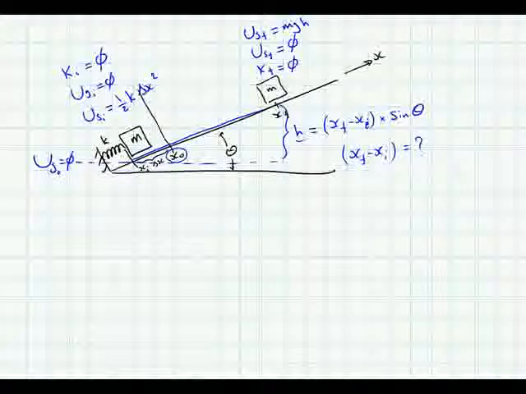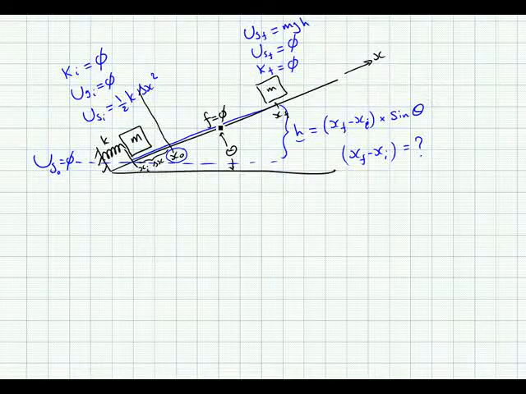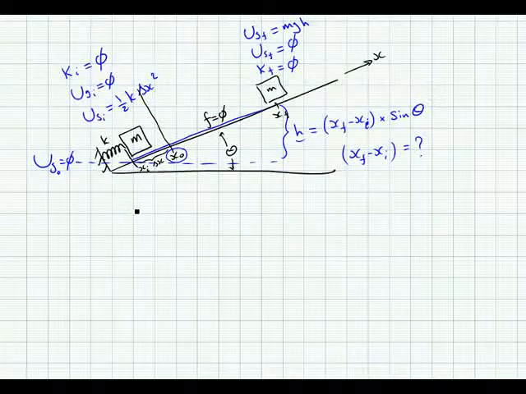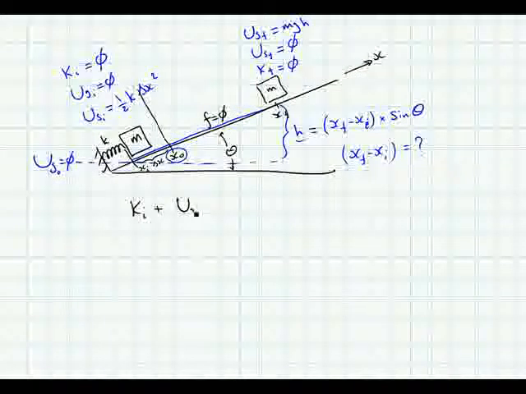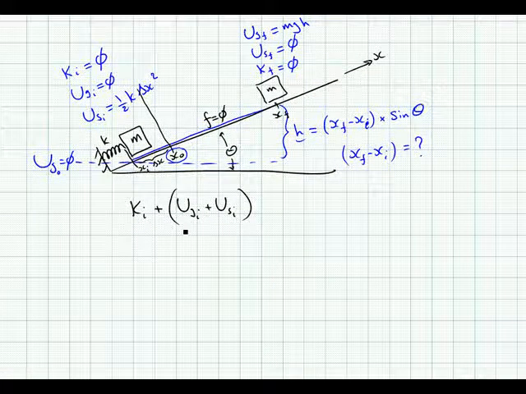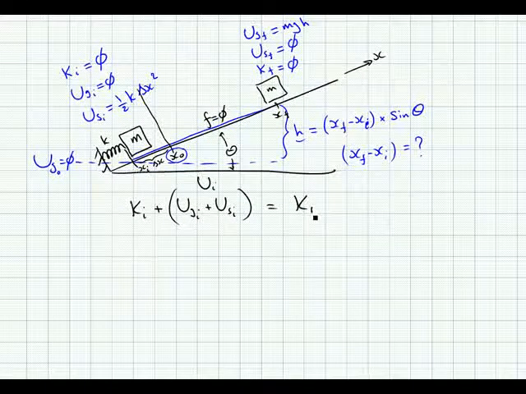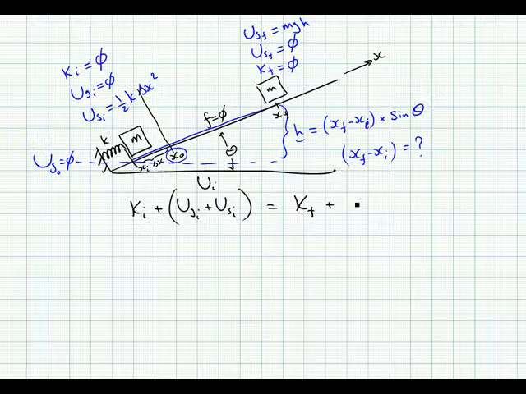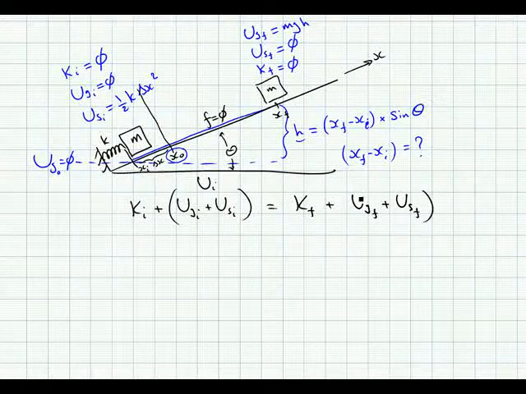And if we assume that frictional forces do not exist, then kinetic energy initial plus UG initial plus US initial, now this whole thing is the total potential energy initial, must equal kinetic energy final plus UG final plus US final.